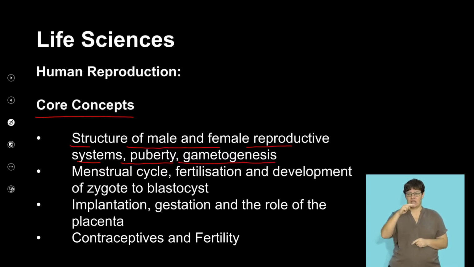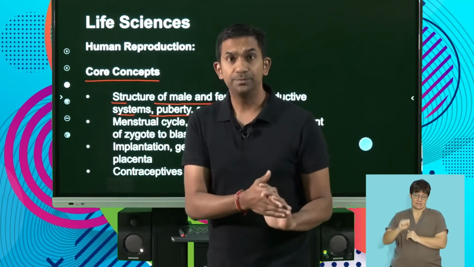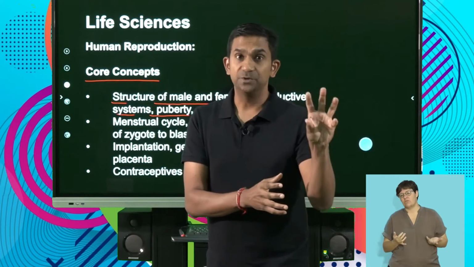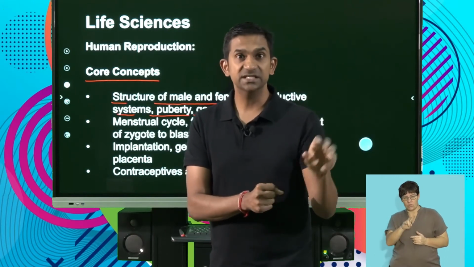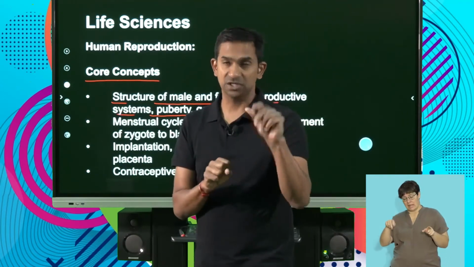So, structure of male and female, again, we must know what puberty is and the hormones that stimulate puberty, as well as the production of gametes. At puberty, we looked at gametogenesis, spermatogenesis and ovulation, and those concepts.